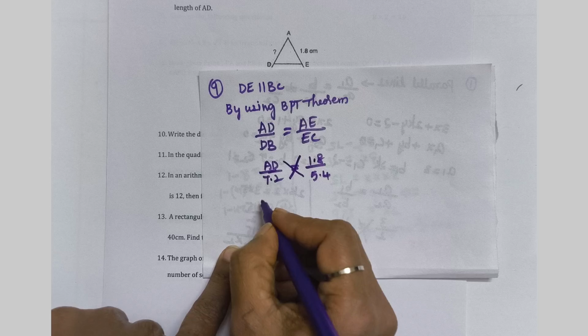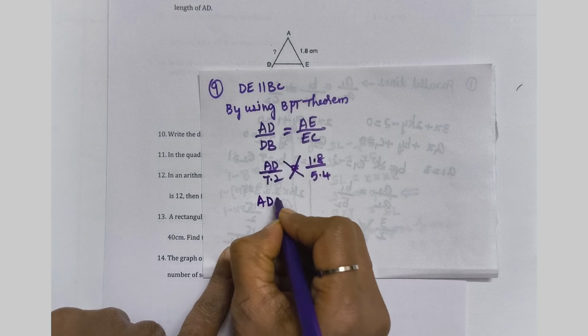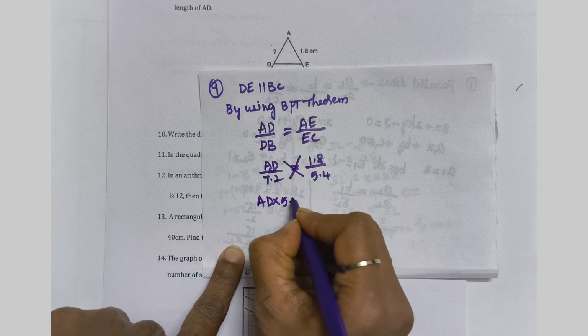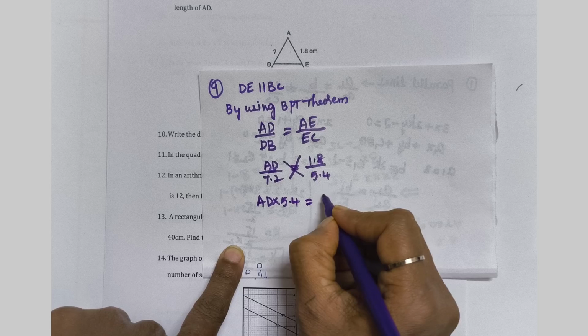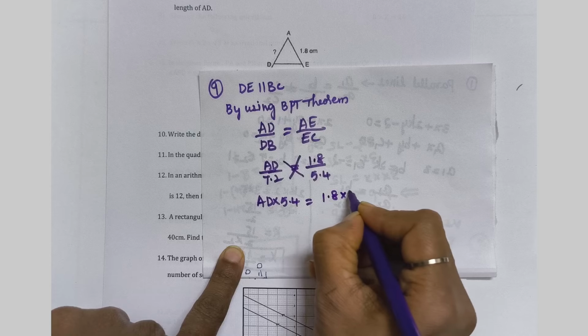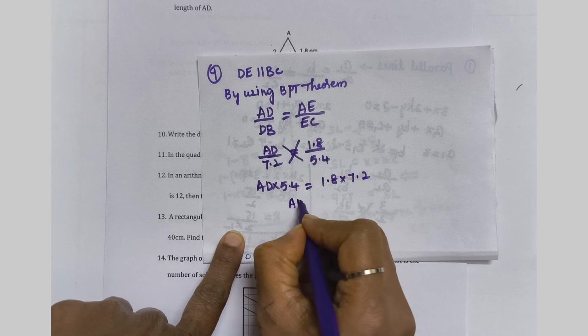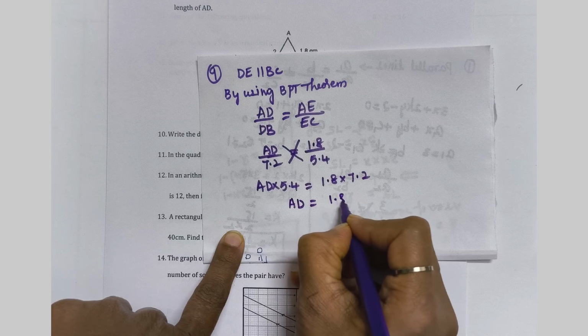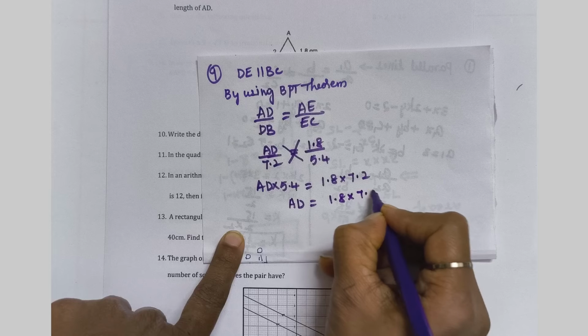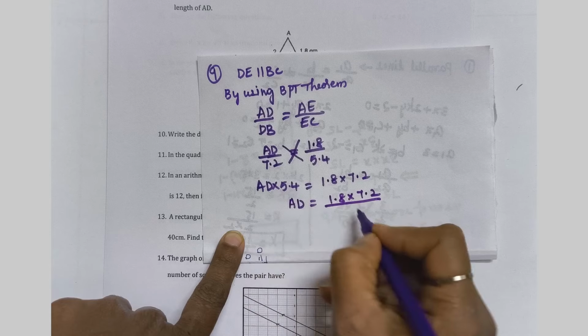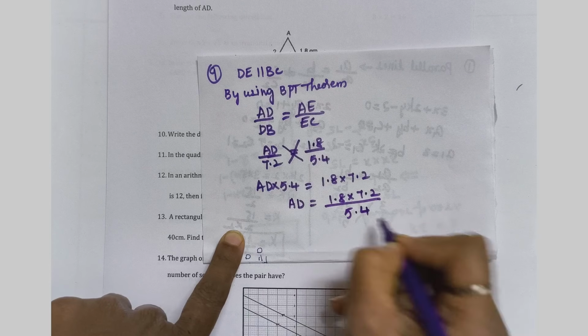Now do cross multiplication. AD into 5.4 is equal to 1.8 into 7.2. See here, AD is equal to 1.8 into 7.2 divided by 5.4.